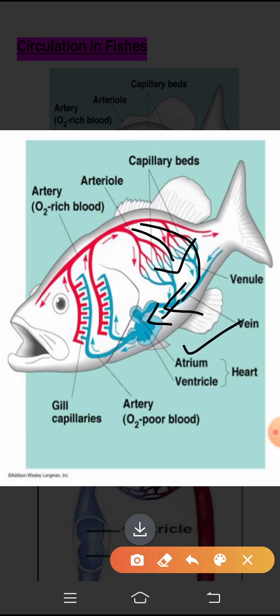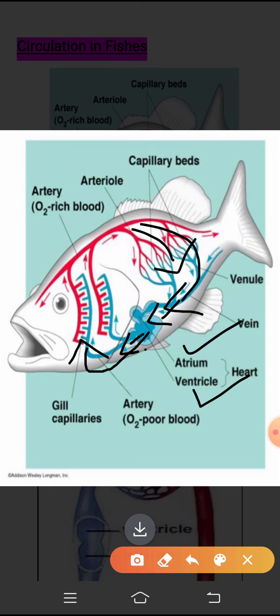As the blood enters the atrium, it is again released to the ventricle. So what kind of blood enters? The deoxygenated blood enters the heart, to the atrium, then to the ventricle, right? Now from the ventricle, the deoxygenated blood again reaches the gills.